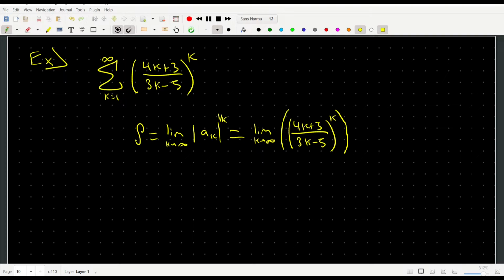And I'm not including the absolute value here because there are no negative terms in this series. All of the terms are positive in it.